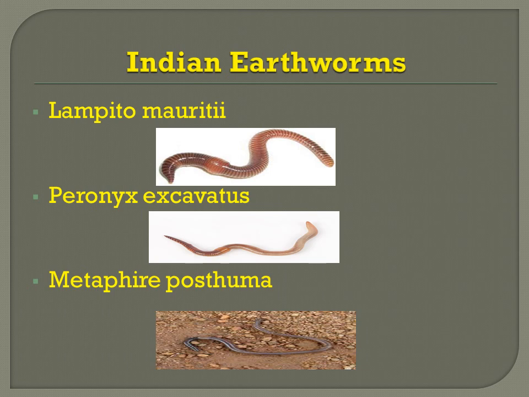The second one is Perionyx excavatus, and the figure is also displayed. Then the third one is Metaphire posthuma, and it is much darker than the other two. So these three are our Indian earthworms.